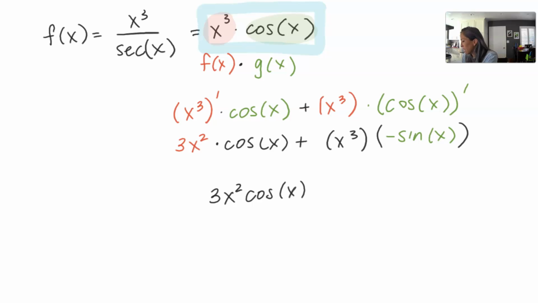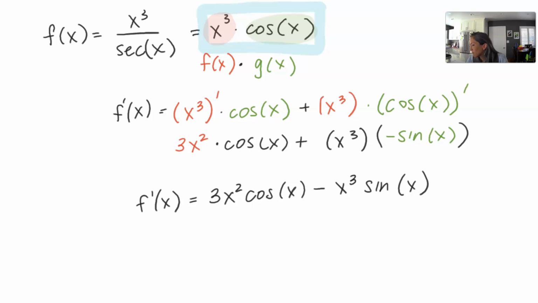There's no reason to have it floating in the back there where it could be mistaken for subtraction. If you want to, you could even factor out an x squared, which might be useful if you were doing a problem that had to do something else with this. But I should have written that these are all my derivatives. So there we found our f prime of x.